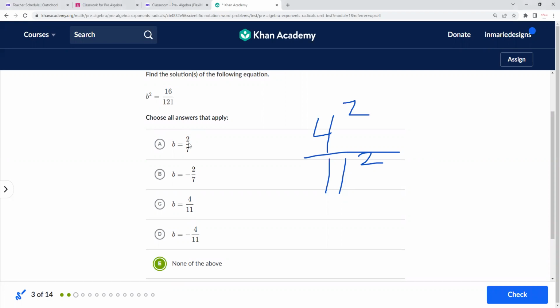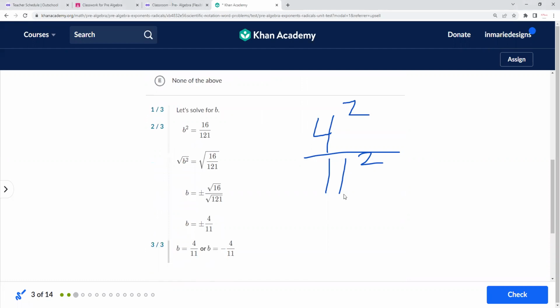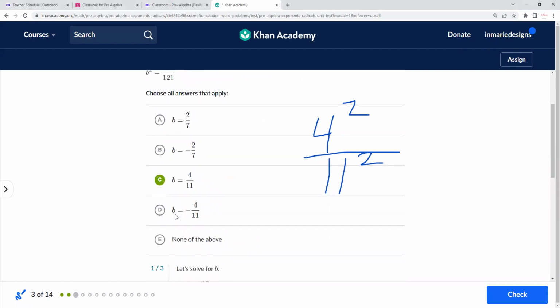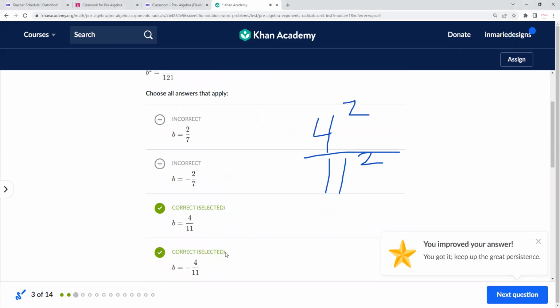So actually here it would be 4/11. Even if you did a negative, 2 negatives would give you a positive, so that would work as well. Both of those would work.